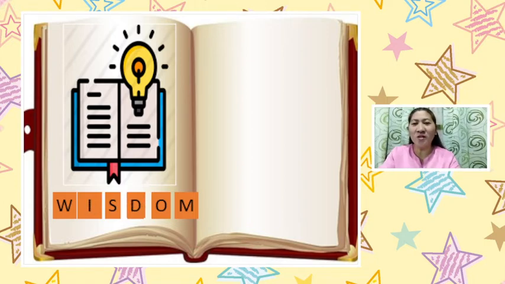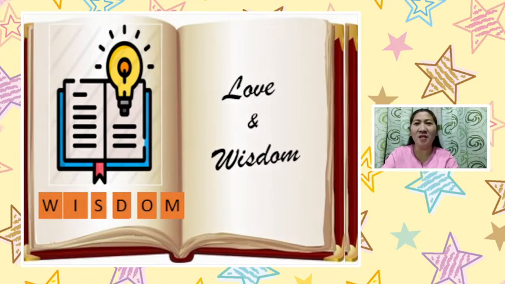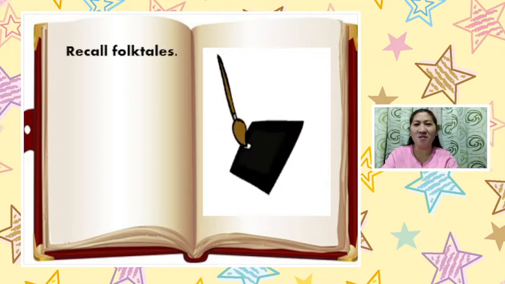What are the two words implied by those pictures? We have love and wisdom. These two words have something to do with our story for today. Are you ready? Before we proceed, let us first recall the meaning of folk tales.